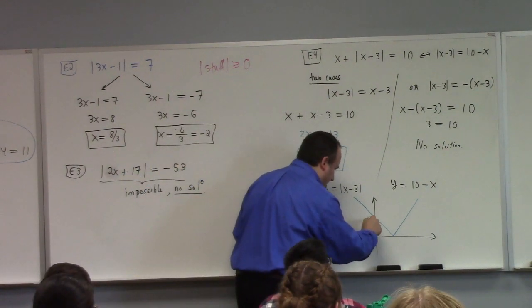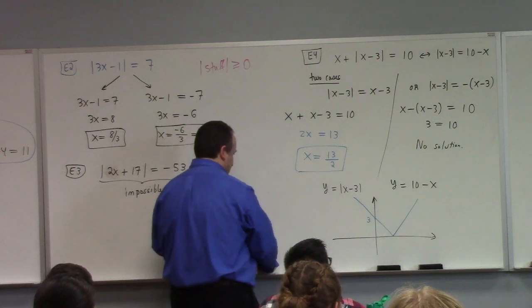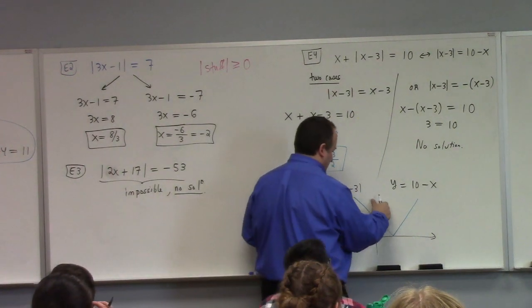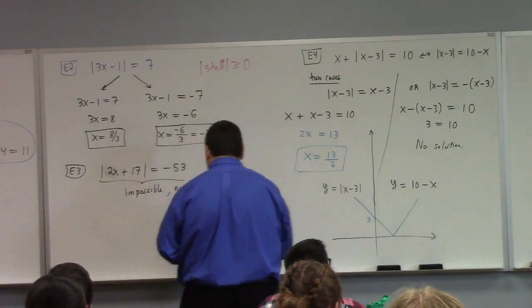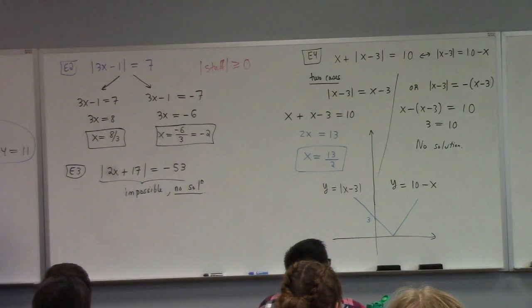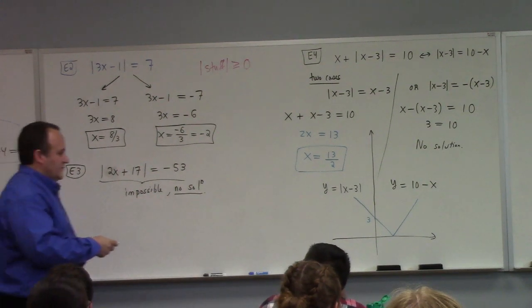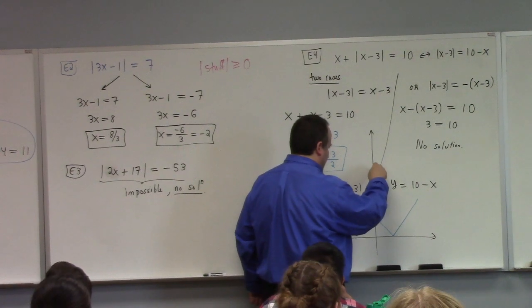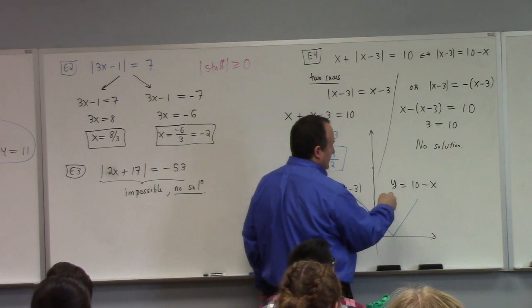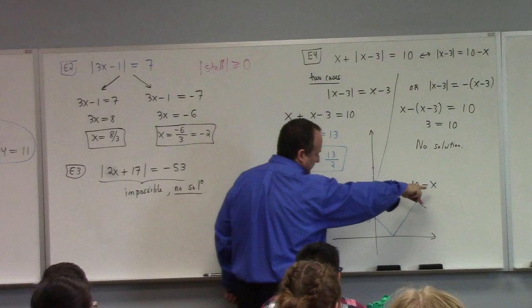Where's the y-intercept for the other one? Man, where's my red? Oh, fine. So annoying. I left it in the other room. I know what happened. It's all my fault. So up here is the 10. The slope is minus 1 on this one, right?